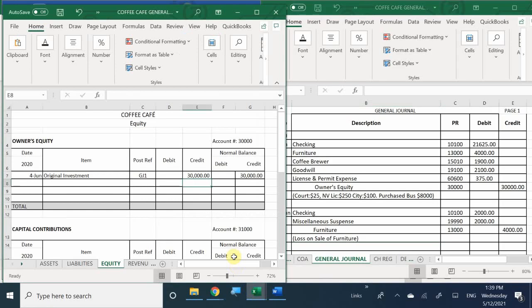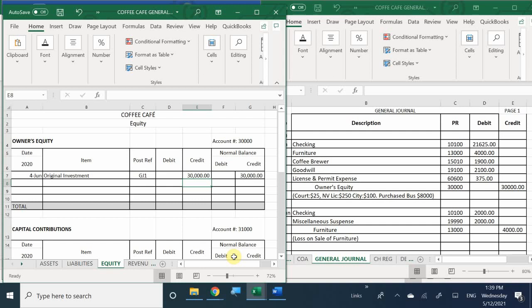Best rule of thumb is to have your journal next to your ledger, so you can look at your journal and properly place it in the correct columns. Whatever you copied into your journal, you're going to copy exactly how it is posted and post it into your ledger.